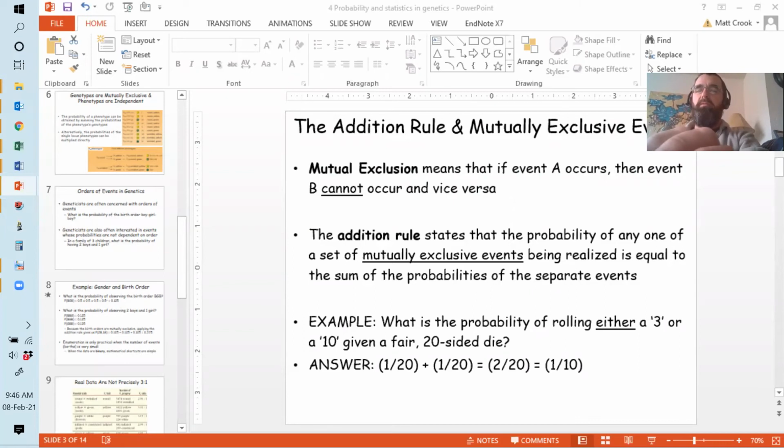So boy, boy, girl is half, right? Probability of getting a boy for your first one is a half times a half. Probability of getting a boy for your second one times a half. It's the probability of getting a girl for your third child, right? And as generally put before, that's 1/8. Okay, what's the probability of getting a girl, boy, boy?